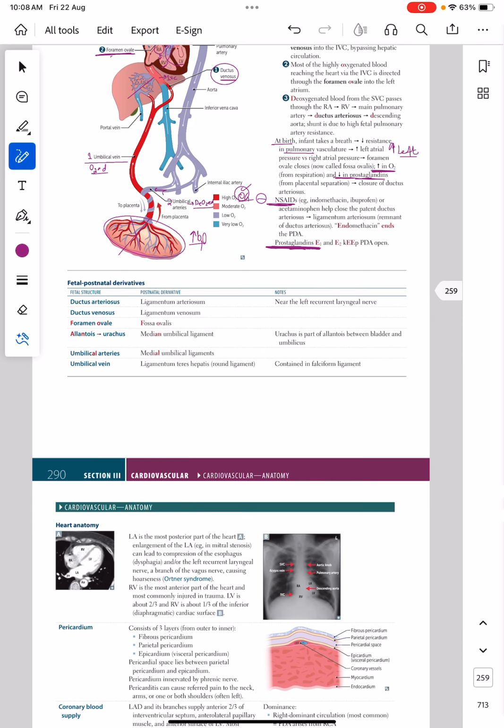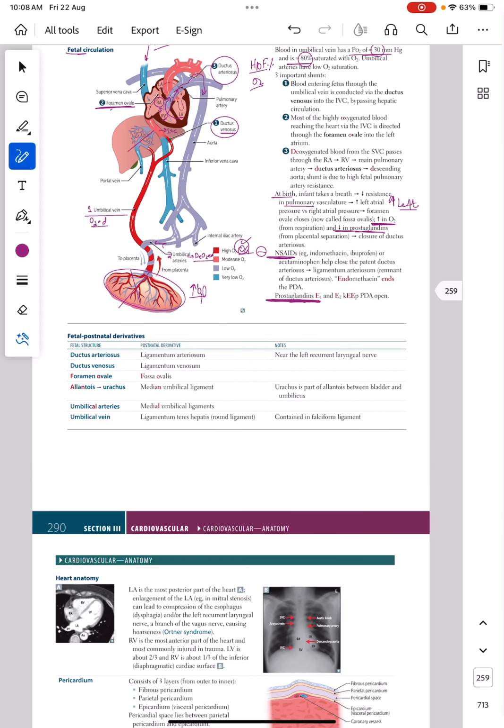What are the derivatives of these shunts? The ductus arteriosus, which we studied here, was the first shunt, and it changes into the ligamentum arteriosum, while the ductus venosus changes into the ligamentum venosum. And you know that the left recurrent laryngeal nerve moves around this ligamentum arteriosum and then goes upward into the thorax.